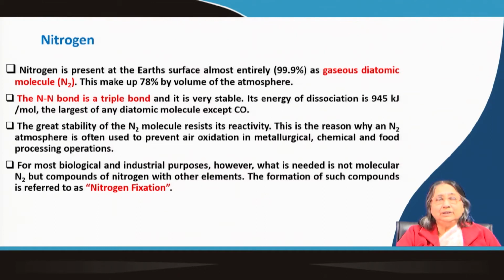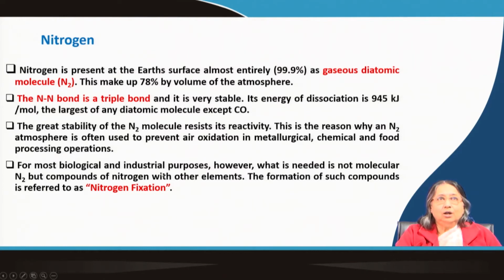We know that solubility varies with temperature. Oxygen at 0 degree centigrade has a solubility of around 14 milligram per liter, but the solubility of nitrogen at that temperature is around 22-23 milligram per liter. So, it is quite high compared to oxygen.